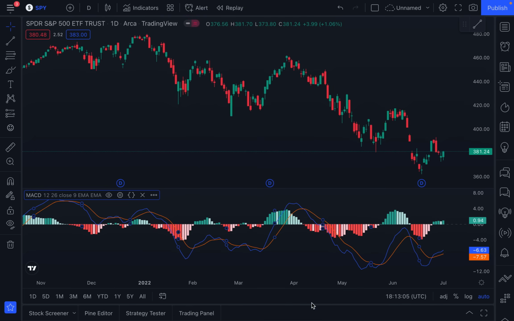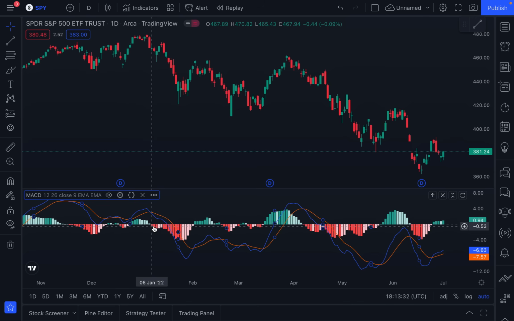Now let's talk about the histogram and how it works. What are these bars that we see here? So here's how this works. When the MACD line, which again is the blue line that you guys see here, crosses the signal line, which is the orange line, downwards, you are going to see red bars. So for example, right here, this blue line, which is the MACD line, crosses below the signal line, the orange line.